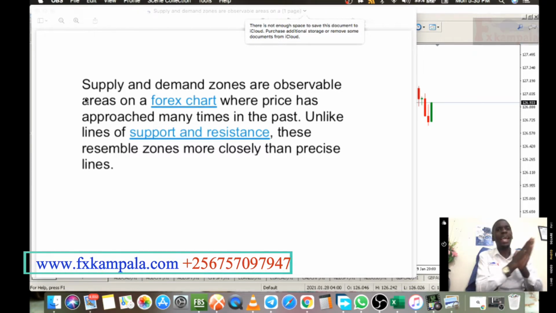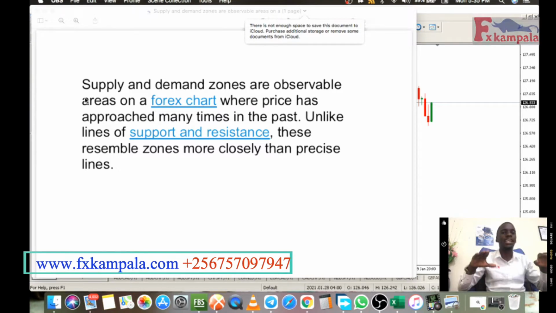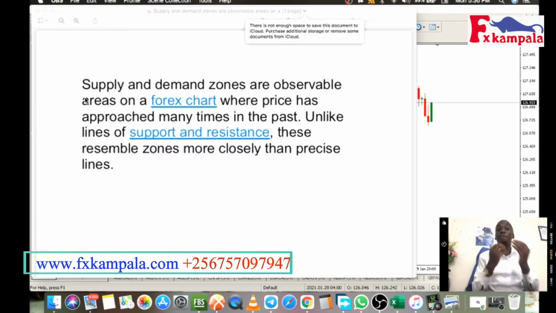Now, supply and demand are basically zones of support and resistance. For a support, we look out for the turning points where we expect the market to touch as many points as possible, the U-turn points from various places.